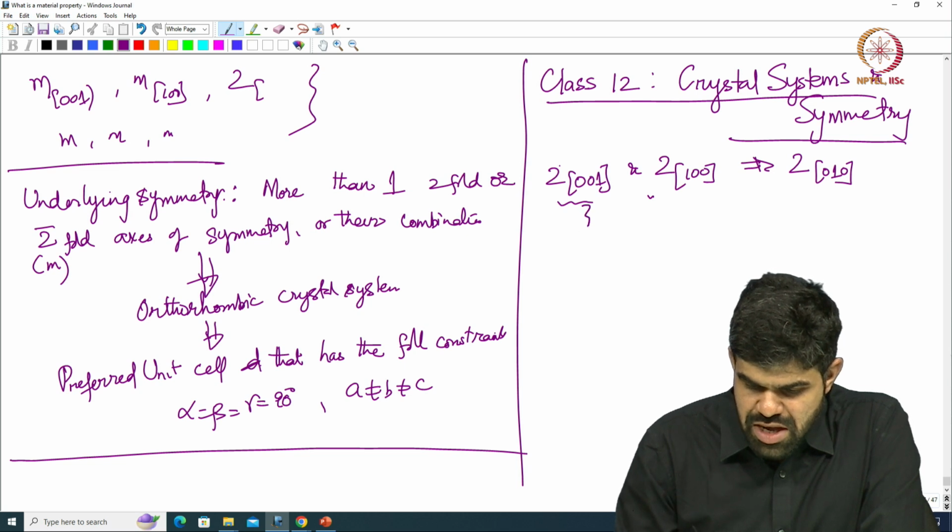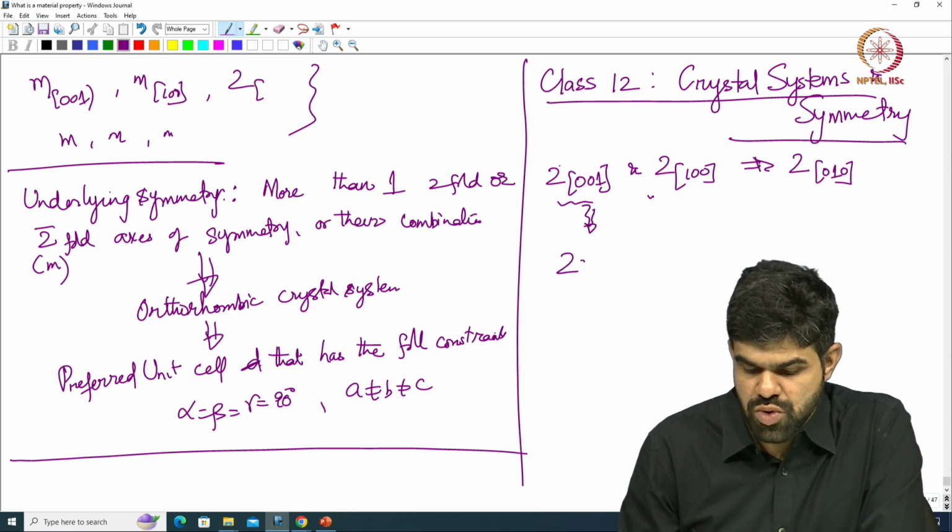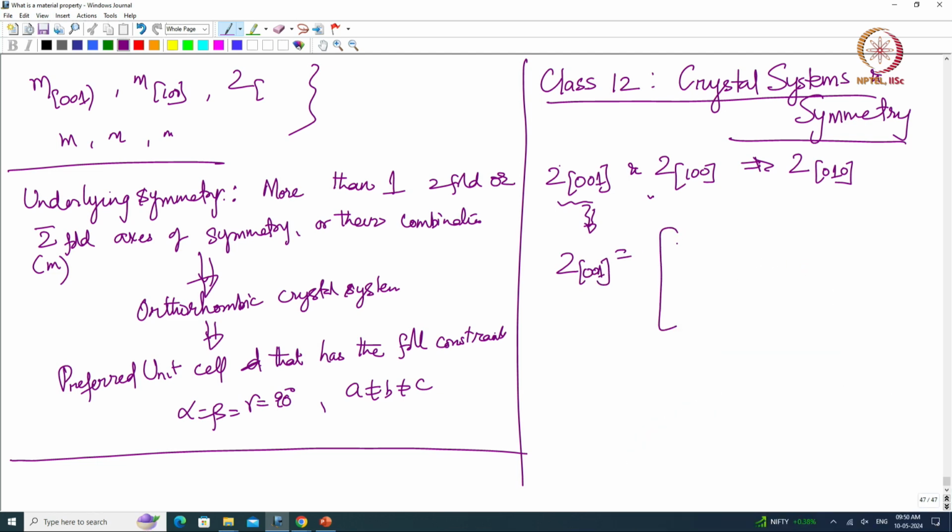The proof is easy, right. If I just look at the transformation matrix of 2 0 0 1, along the z axis I am not going to change the direction, so z goes to plus z, x goes to minus x, and y goes to minus y, right.